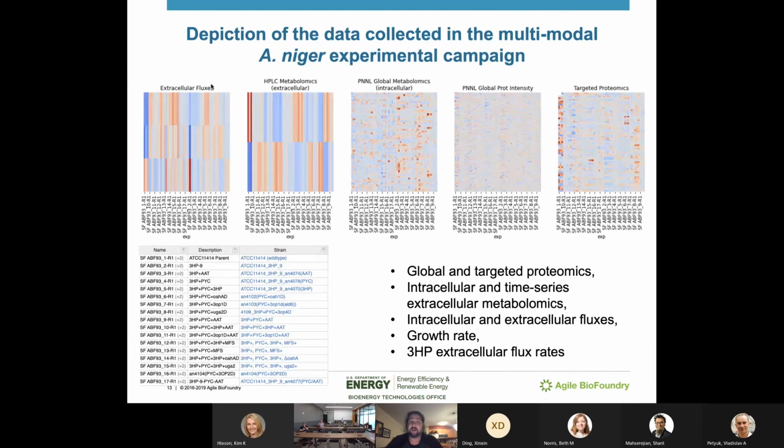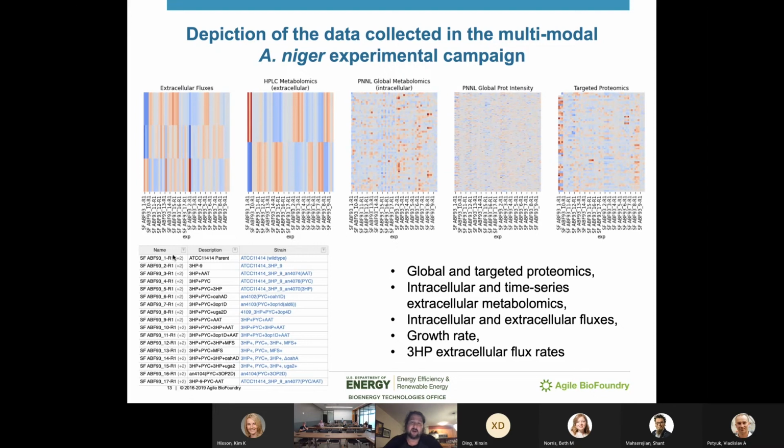We have extracellular flux measurements, we have extracellular metabolomics measurements, we have intracellular metabolomics measurements, we have global proteomics, we have targeted proteomics, and we have 17 strains that are in triplicate. So we have like 54 strains that we can apply to this, with multiomics measurements on every single one of them.